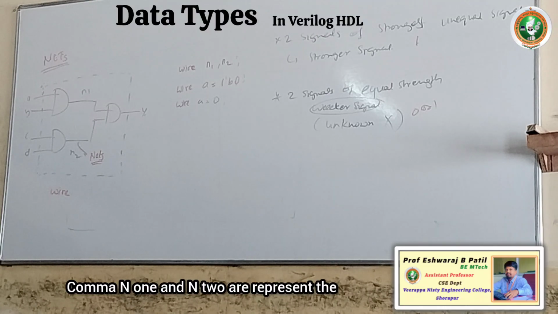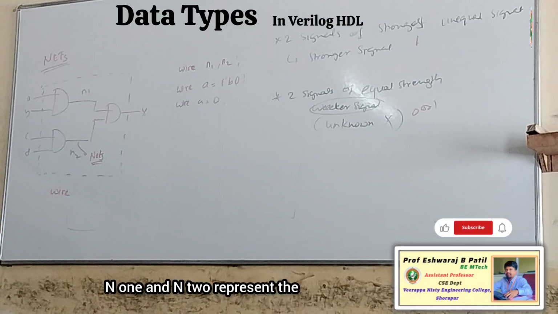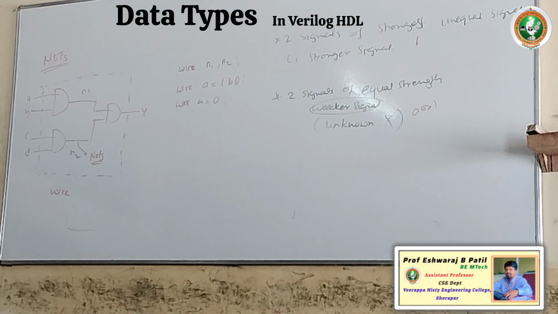N1 and N2 represent the connection between the gates, and hence it is a net.